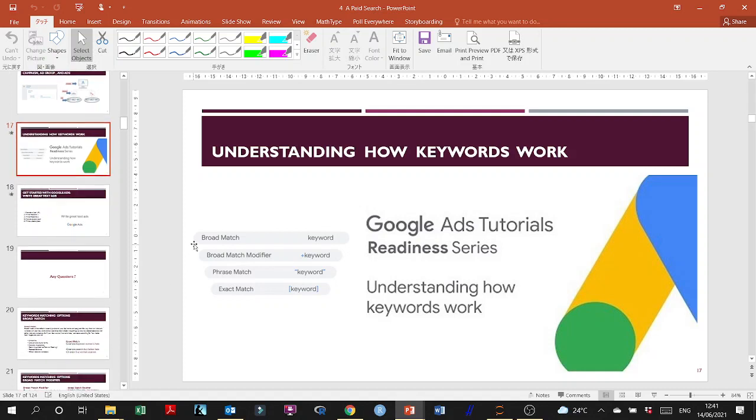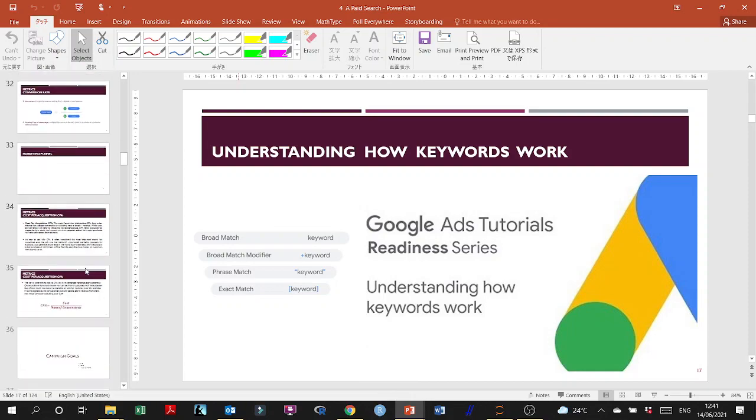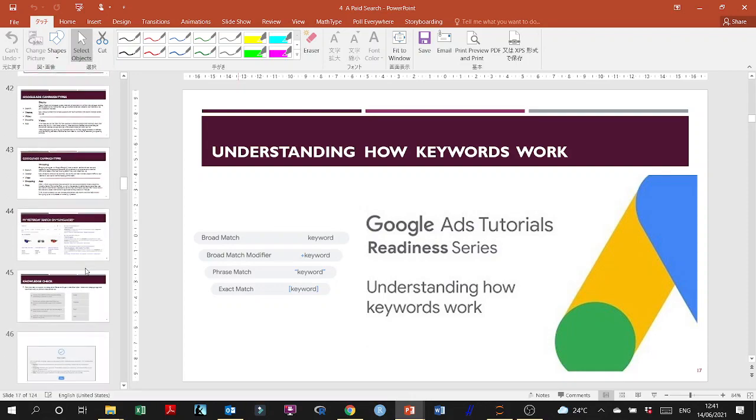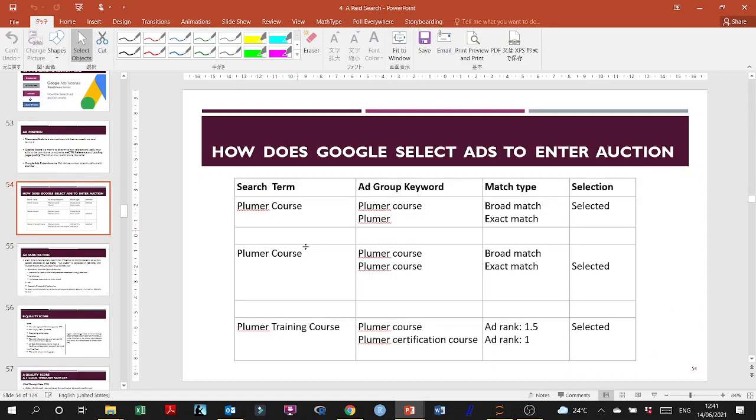So we have 4 different match types that we talked about, guys. One of the questions that can pop up is which keyword is more broad match or exact match. So you need to answer this kind of question. Which one will be executed first? These kinds of questions will appear in the format mentioned in this kind of slide.